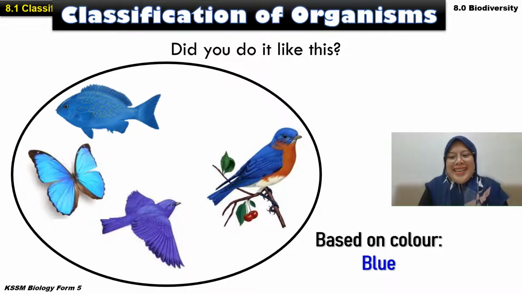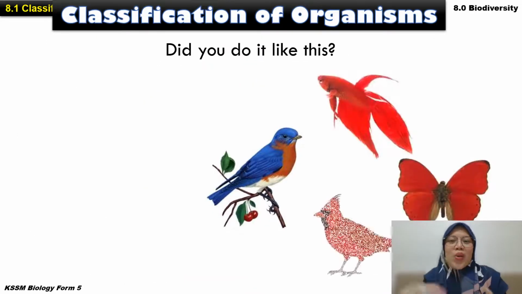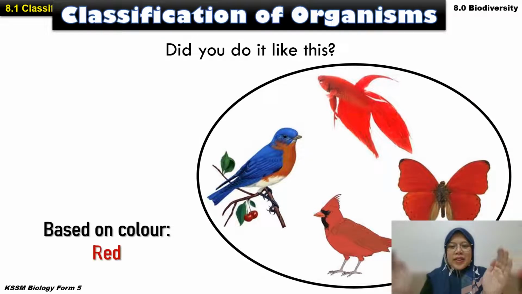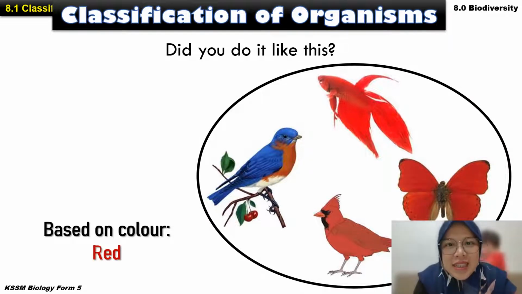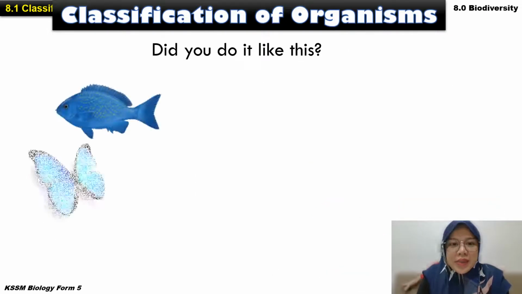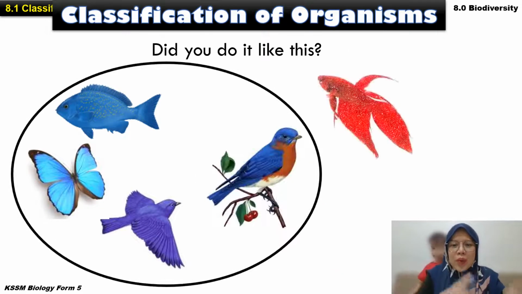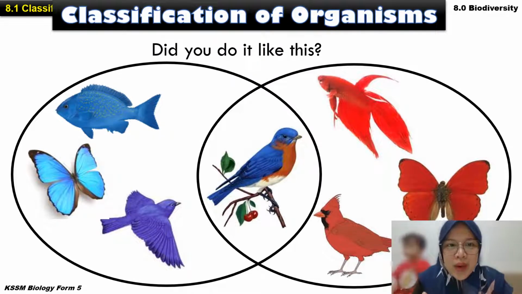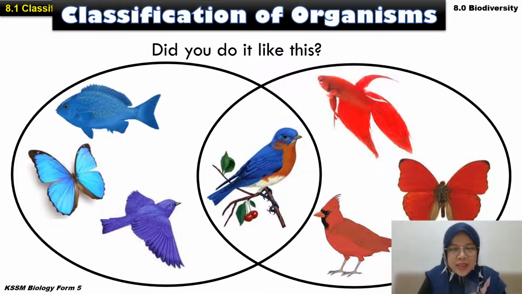Okay, blue. And then you classify like this, based on the color red. So now we have two groups, blue and red. So this is one way of doing classification.